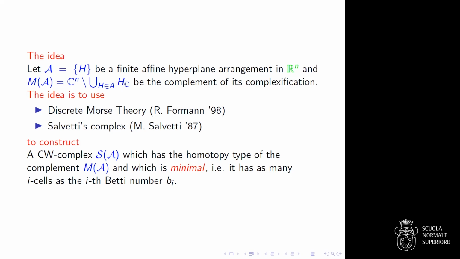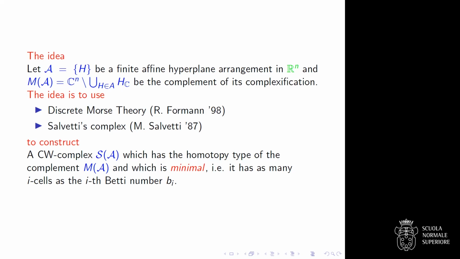Then the complement is a variety and has its own structure, like points, for example; the easiest is a point in the complex line. This complement has the same homotopy type of a CW complex that was defined by Salvetti in 1987. So the Salvetti complex is a CW complex having the same homotopy type as this complement.